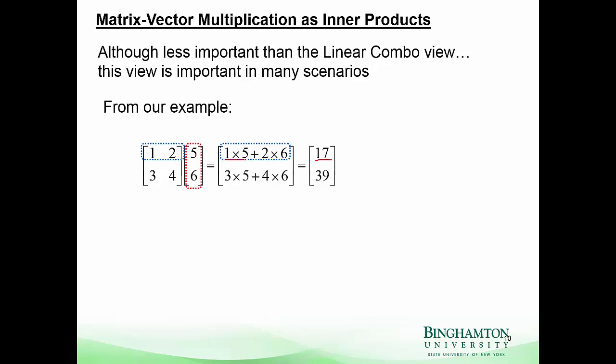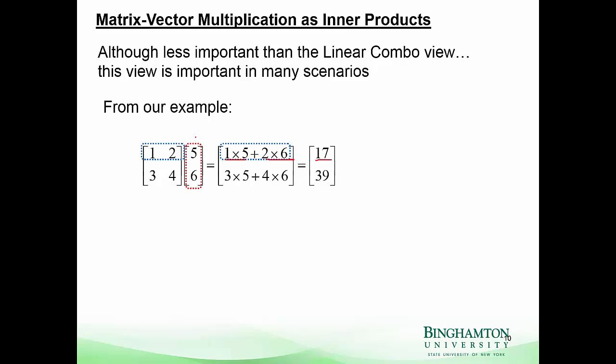Well, we do 1 times 5 plus 2 times 6. And we suddenly realize, gee, that looks like an inner product. If you remember when we did an inner product between two vectors, we took their first two elements and multiplied them, and their second two elements and multiplied them. In fact, we multiply every pairing of elements and then add them all up.